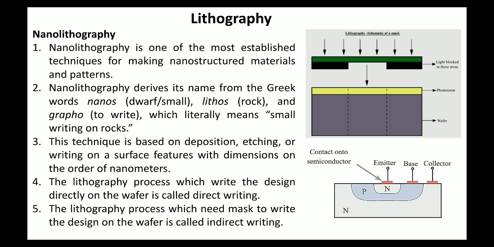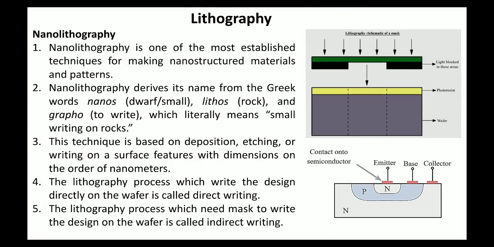For the emitter you can see there is a block, the contact is represented with a small brown colored block. In that region only you want a material like gold. So if you want such patterning of electrodes, then you have to use this lithography technique.